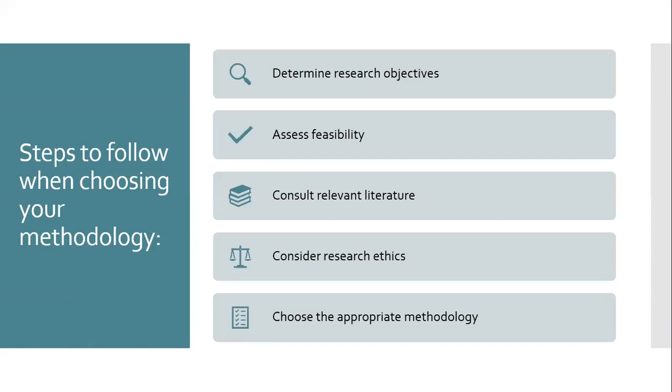You could do a true replication where you do exactly what they did, with no differences, to see if the data is going to come up the same. Or are we expanding it? Are we trying to find a more generalizable sample here? Or are we maybe saying, hey, there was an issue with this study that I found. I want to rerun it and fix the issue, and then see what happens, right? And so that's a lot of literature as well.